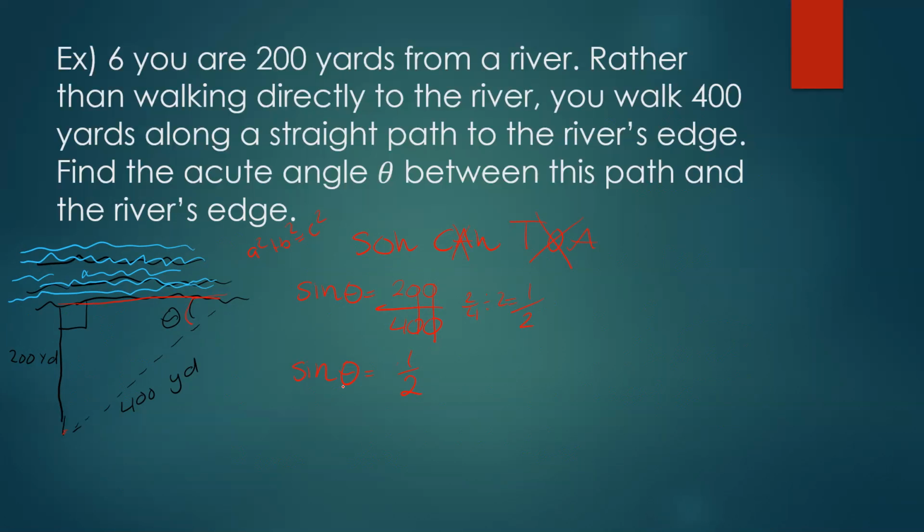Go ahead and get your unit circle out, and then based on your unit circle, what degrees in radians or degrees will give you a sine of positive 1/2? So you're only looking in quadrant 1 because sine is positive.